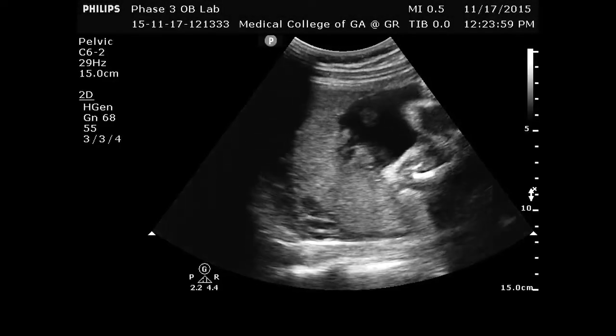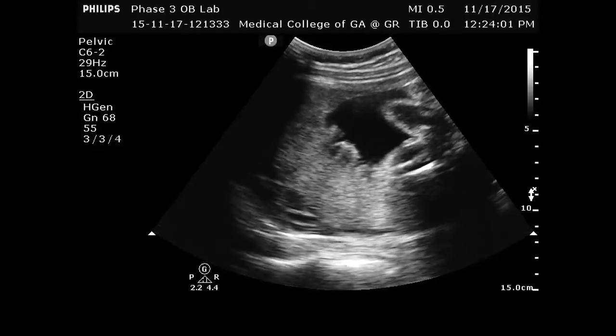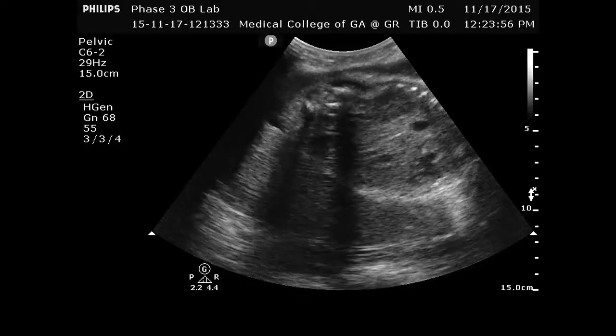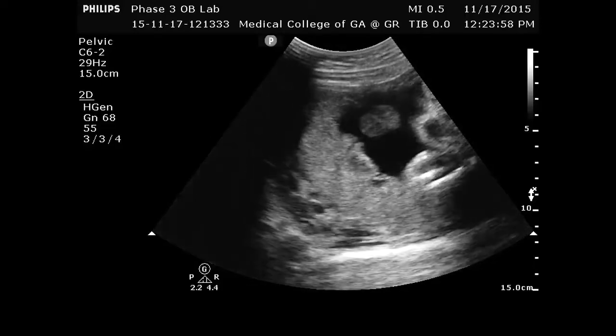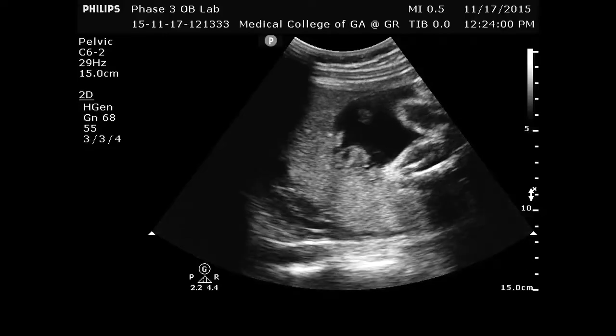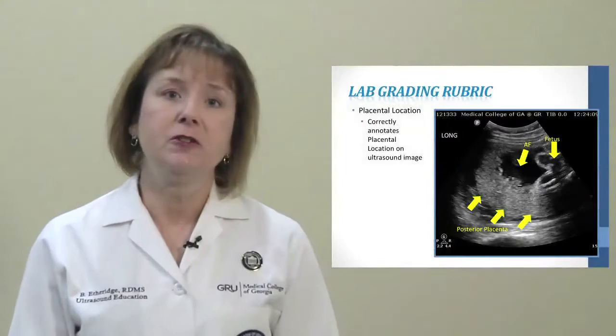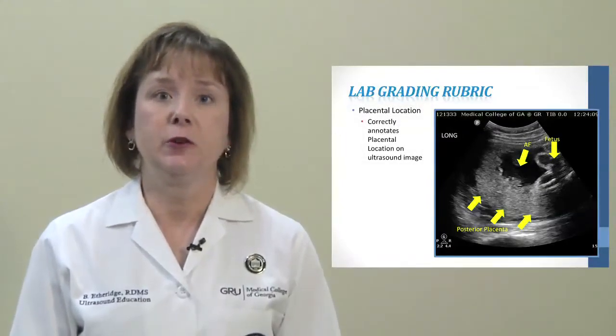Here is a short ultrasound scanning clip demonstrating the placental location in this patient. You can see that the placenta is located on the posterior wall of the uterus. This is the longitudinal image of the placenta that you should acquire.